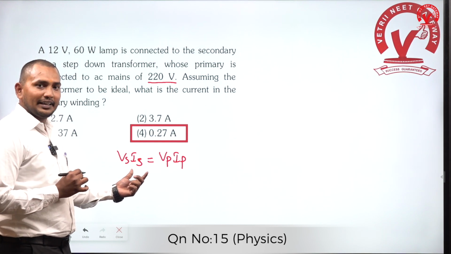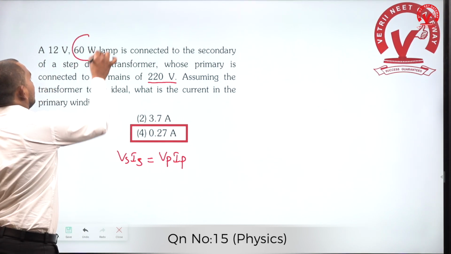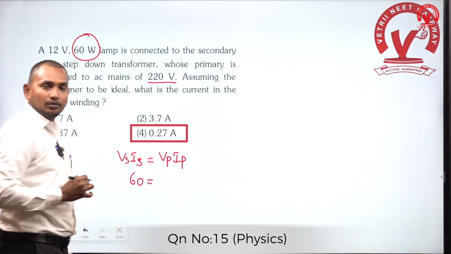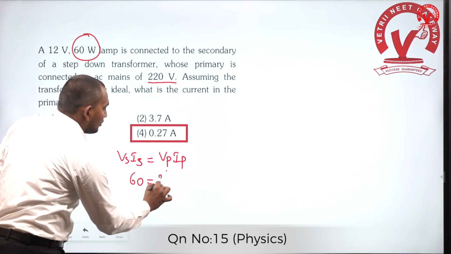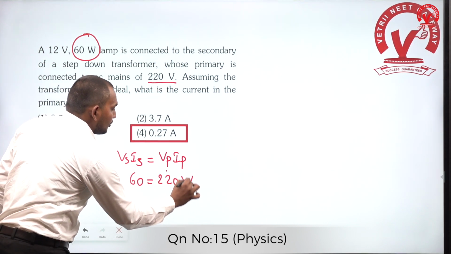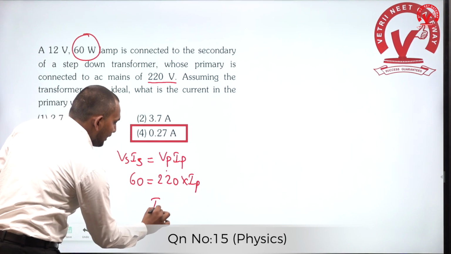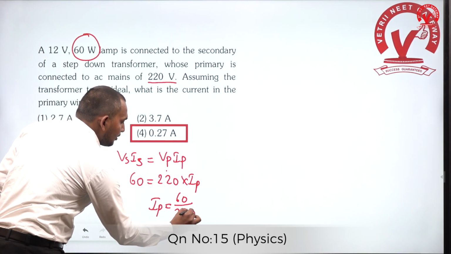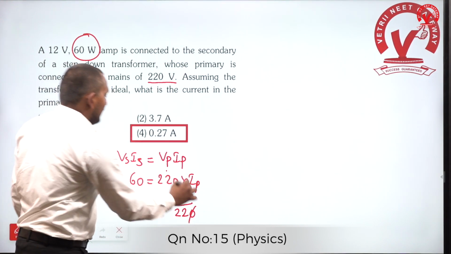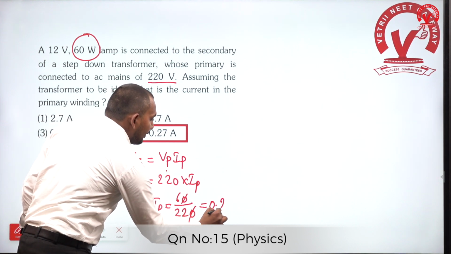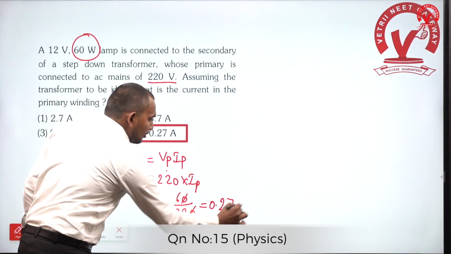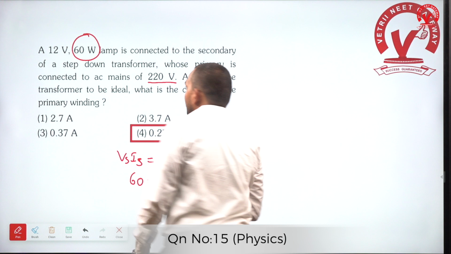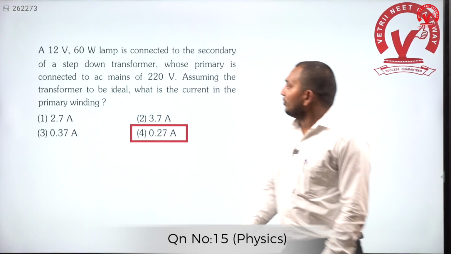V dot I will give power. For secondary how much? 60, that is equal to primary voltage how much? 220 into Ip. We want to find out Ip. 60 divided by 220, 0 getting cancelled, we will get 0.27. Current SI unit is amperes. So option is fourth. We'll move on.